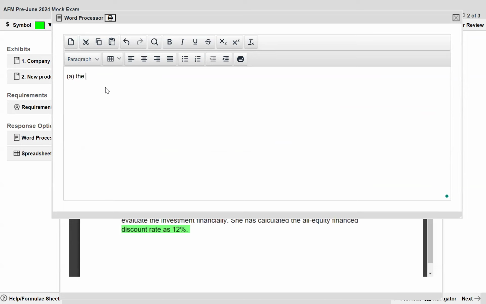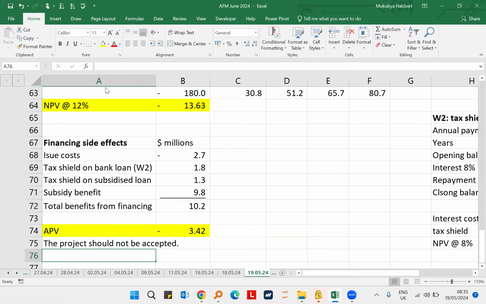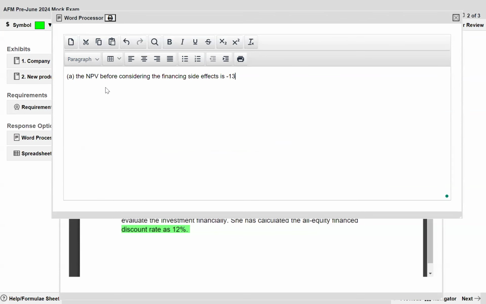Then you say the NPV considering the financing side effects is minus 13.6 million, which means on that basis, the project should be rejected.